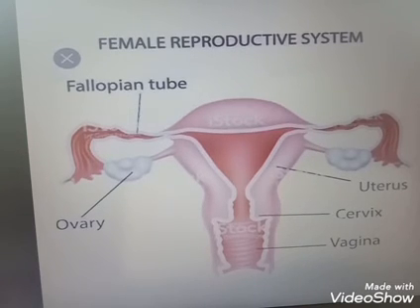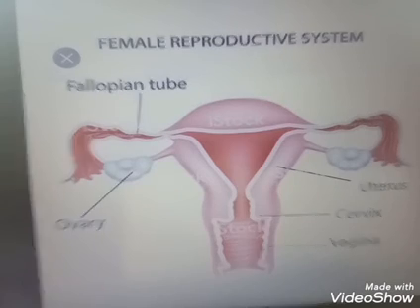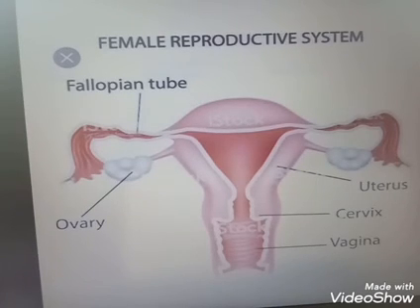The body of the uterus, the corpus, is made up of 3 layers of tissue. The outer thin layer is known as the perimetrium. The middle thick layer of smooth muscle is known as the myometrium.